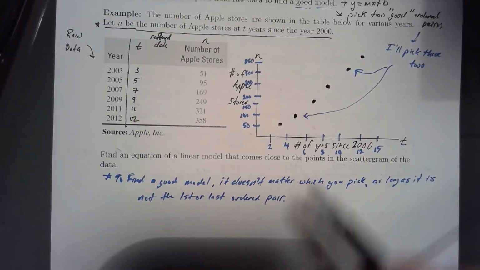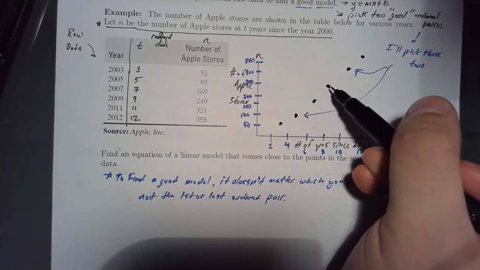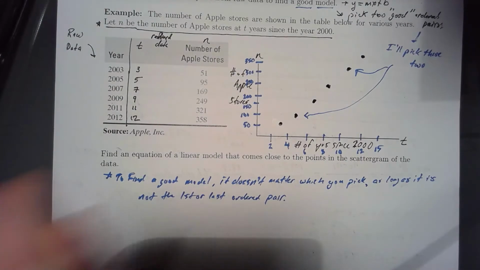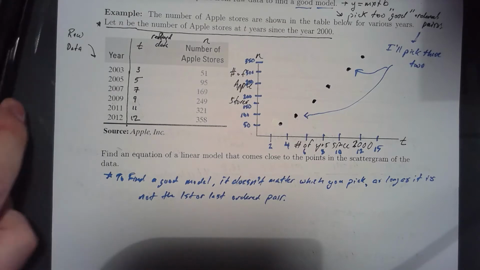I'm going to pick the second and fifth one. Some of you might pick the third and the fourth one, or the second and the fourth one. Any combination of those is fine. Either one of those combinations will give you a good model.